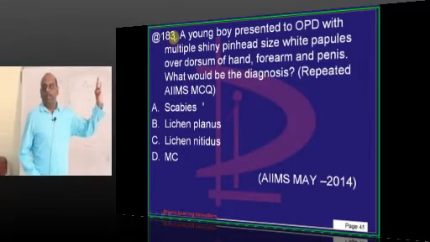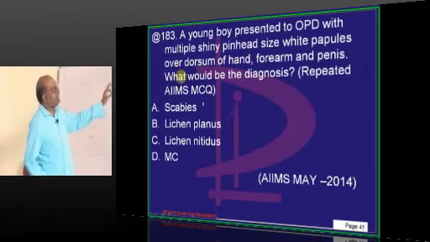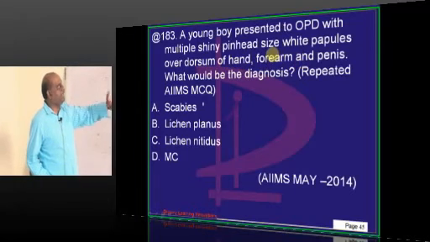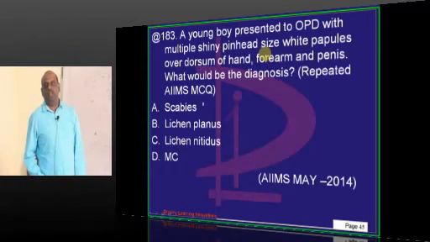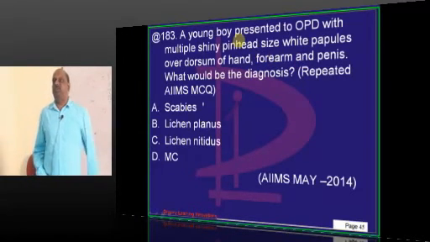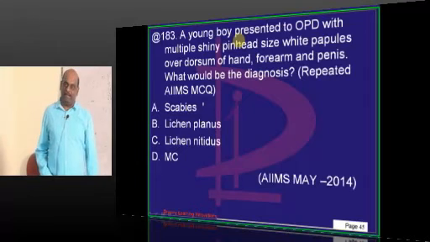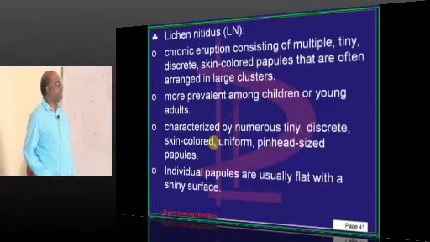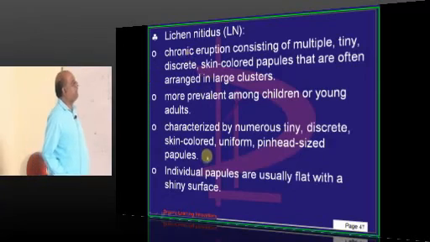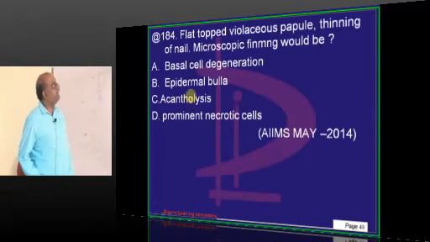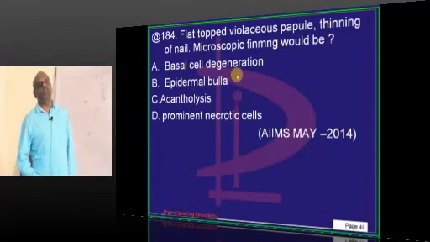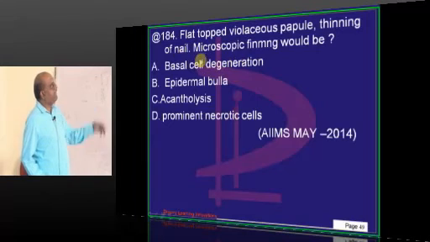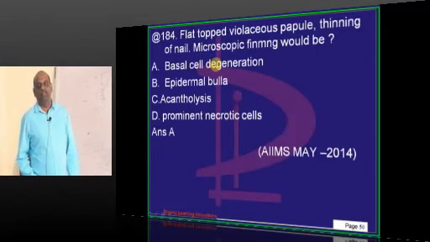A young boy, multiple shiny pinhead sized white papules on the dorsum of the penis and forearm. There was once more a straight repeated MCQ from AIIMS November 2013. So it is called lichen nitidus is what need to be remembered. Okay. So flat topped violaceous papules with the thinning of the nail. All this describes classical.